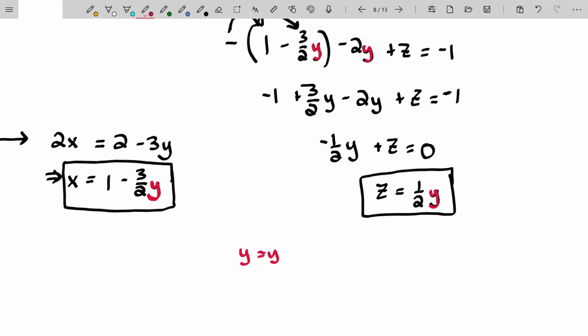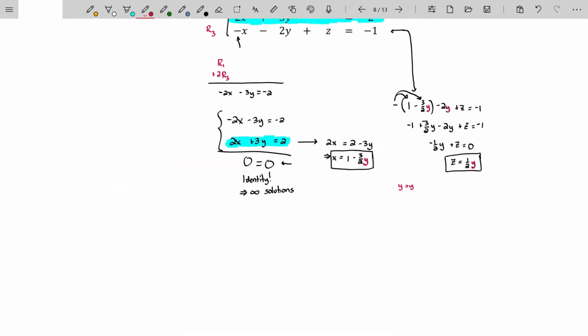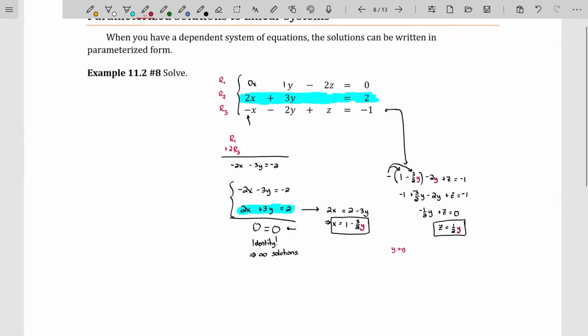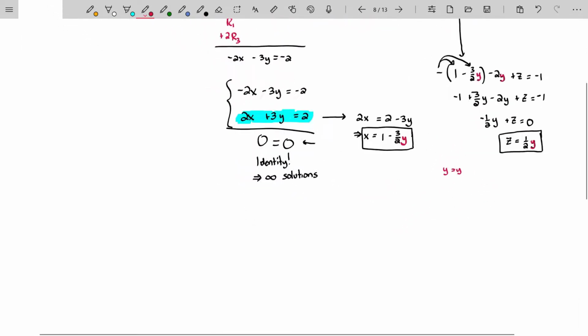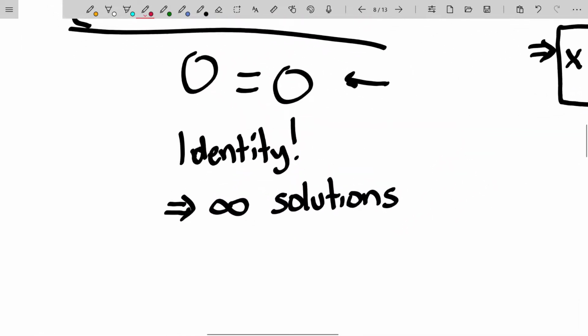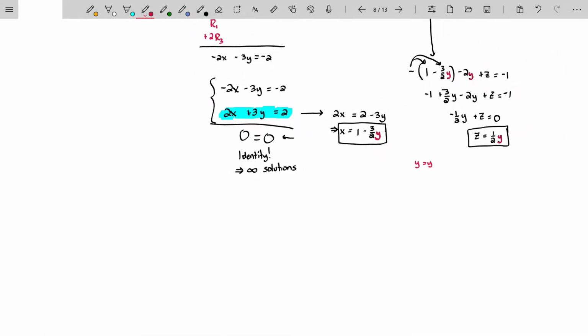And so one way you could write the solution to this system that has an infinite number of solutions is as an ordered triple. The x value is 1 minus 3 halves y. The y value is y. And the z value is 1/2 y.